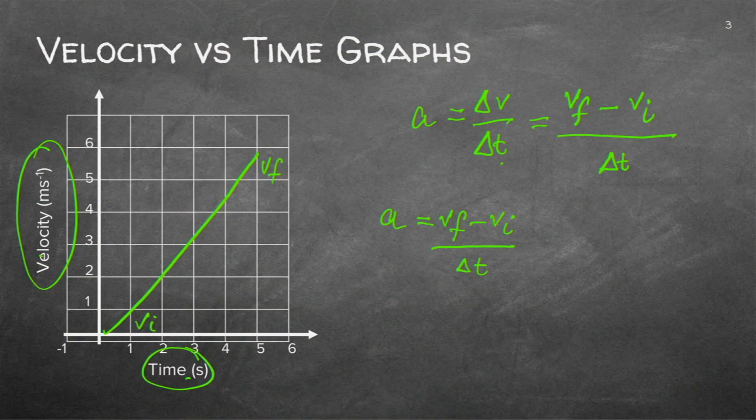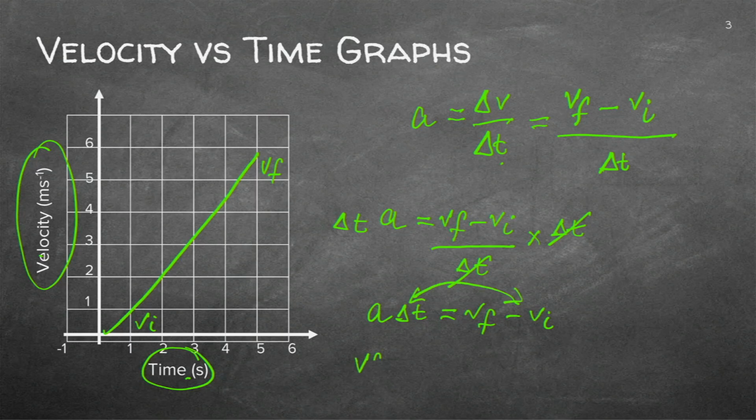If I want to take the t away, you actually multiply with t on both sides, which gives me a delta t equals vf minus vi. Let's change this around to write it down like this. I just changed that part on the equal sign.